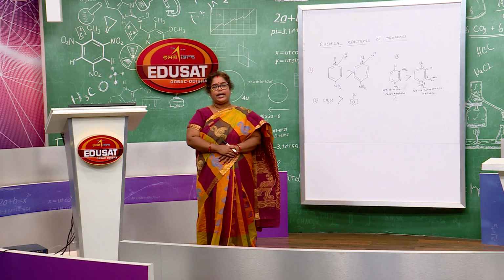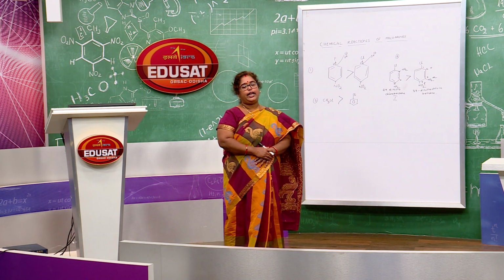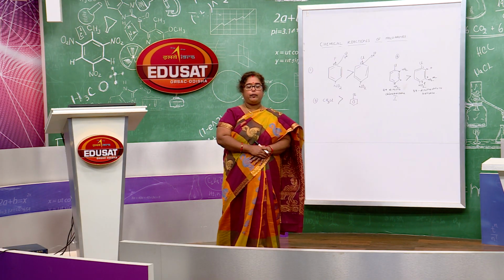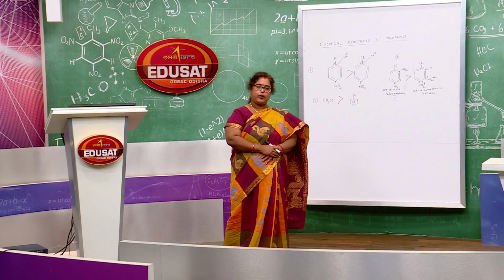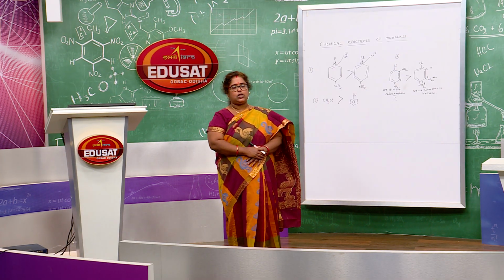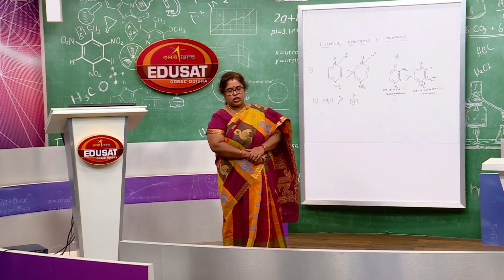Okay. So, there are also other examples of the electrophilic substitution reactions, which we will discuss later. So, please students, now recap all the things which we had discussed throughout our discussions.